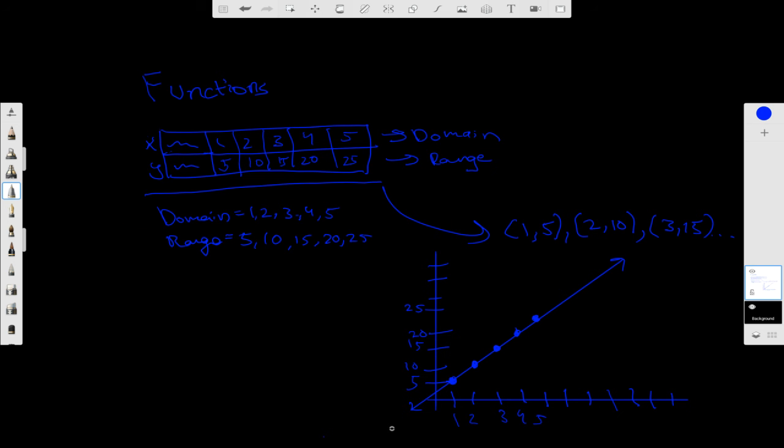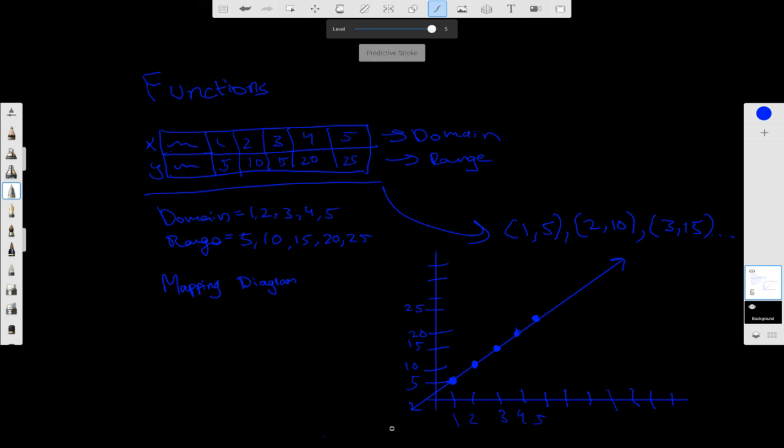So now we can also represent this as a mapping diagram. If you remember what mapping diagrams are, I'm going to write a mapping diagram. So this can also be represented as a mapping diagram, like I said before.